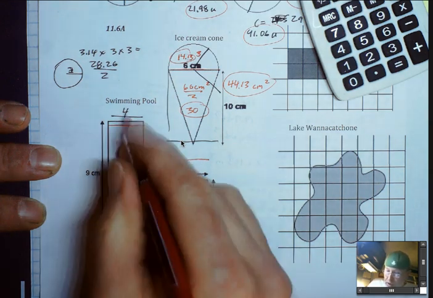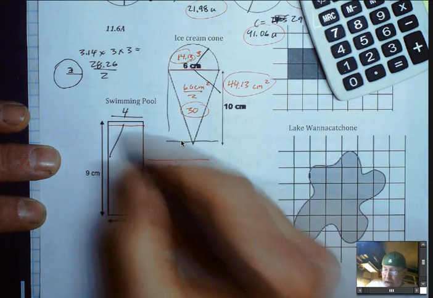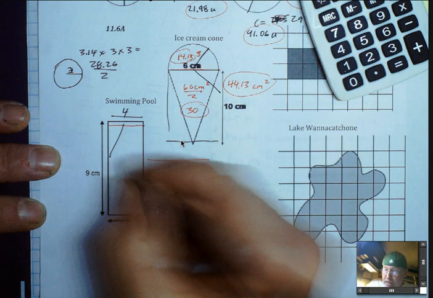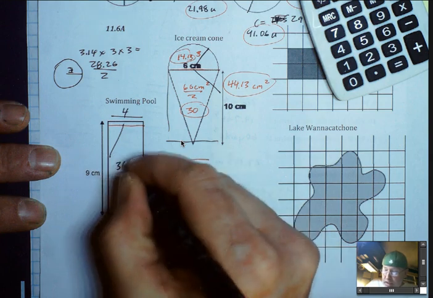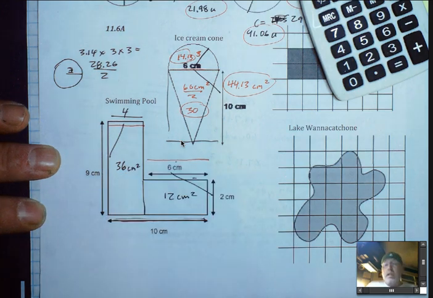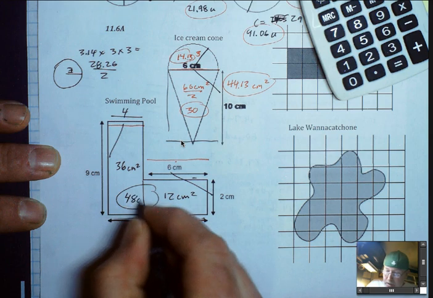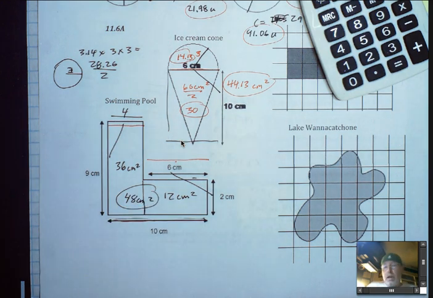So we know that this is 4 and this is 9. So if we multiply 9 times 4 together, we'll get the area of that rectangle, which is 36 centimeters squared. You put those both together, and the area is going to be 48 centimeters squared.